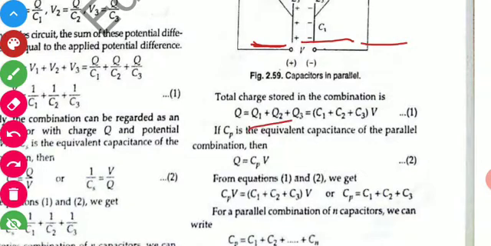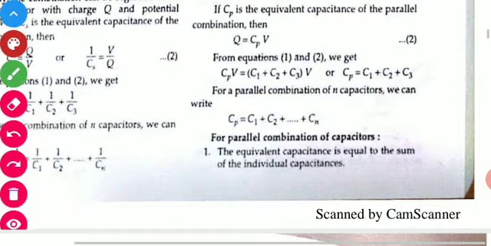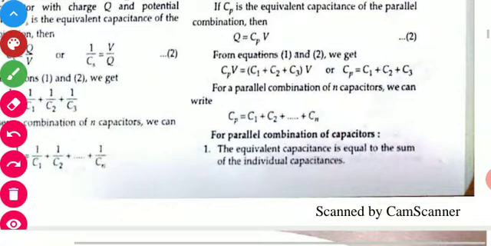By putting the values of Q1, Q2, Q3, we get this expression. And we know that the charge will be equal to CPV, where CP is the equivalent capacitance. After solving, we get the equivalent capacitance equal to C1 plus C2 plus C3, and so on.